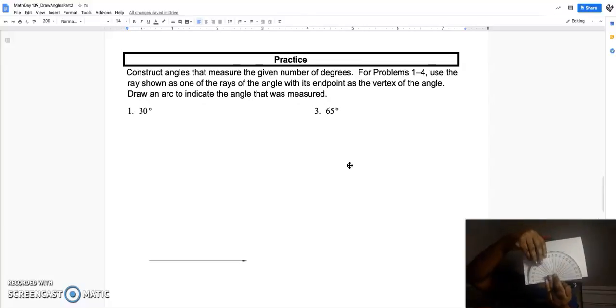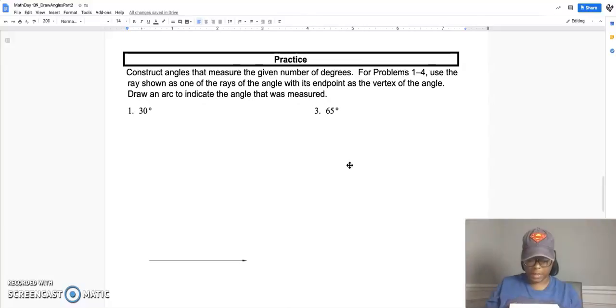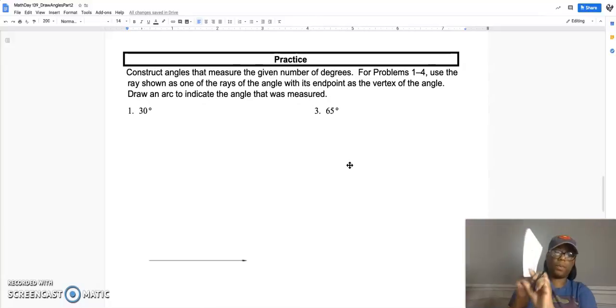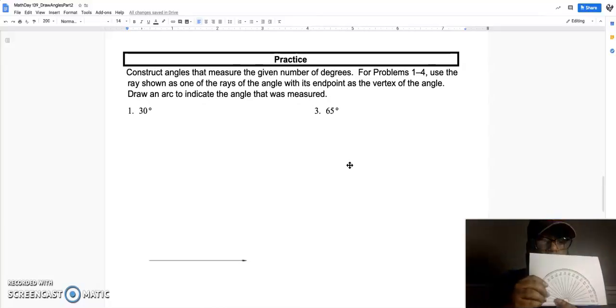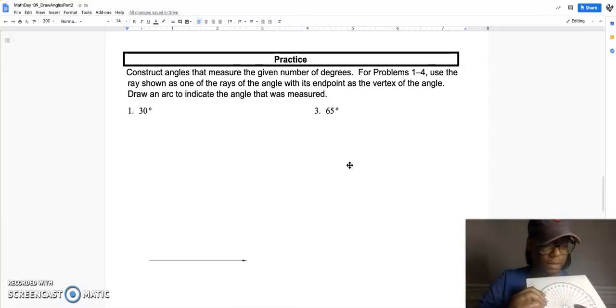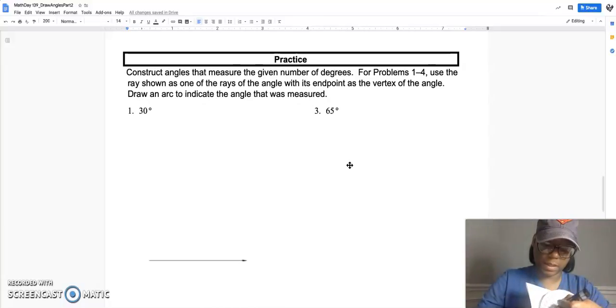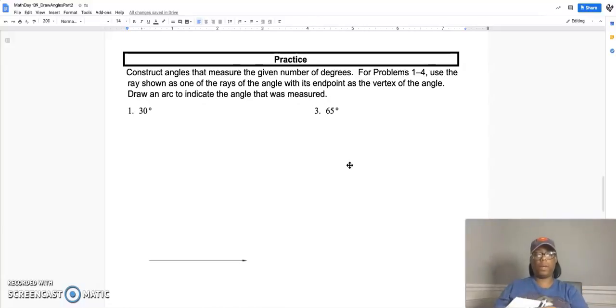Right in the middle. So, since I have it right in the middle, I'm going to measure out a 30-degree angle. When I measure out the 30-degree angle, I start from 0 and I go up 30 degrees. So that's 10, 20, 30, and this is my marker to let me know where I should draw my other ray.